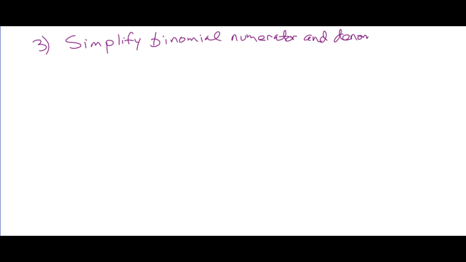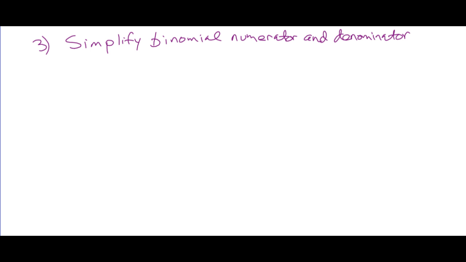Okay, let's go on to, yeah, that's the easy stuff, right? I can ask you a little bit of that, but let's simplify a binomial. Okay, binomial numerator and denominator.